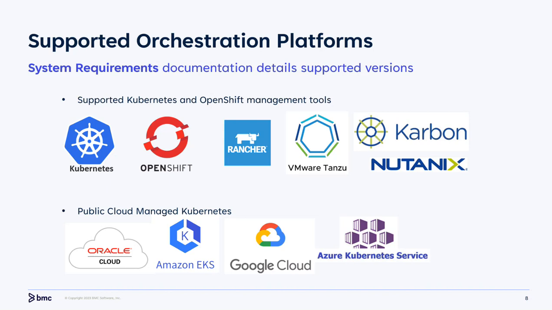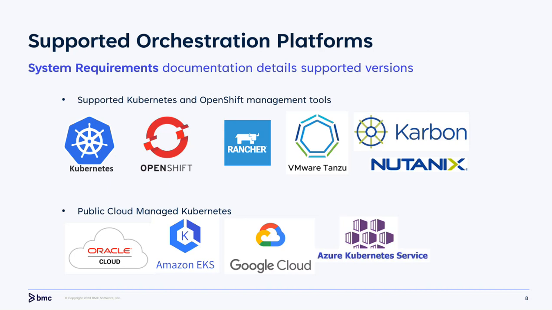We also support public cloud. So Oracle, Amazon, Google, you can deploy to systems running in those environments. The system requirements documentation details all of the different versions of Kubernetes that we support. It's a constantly moving target. I think the highest version at the moment is version 1.27 of Kubernetes, version 4.13 of OpenShift.